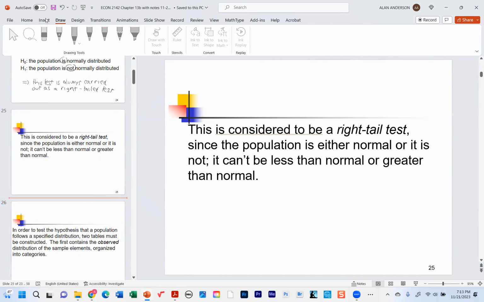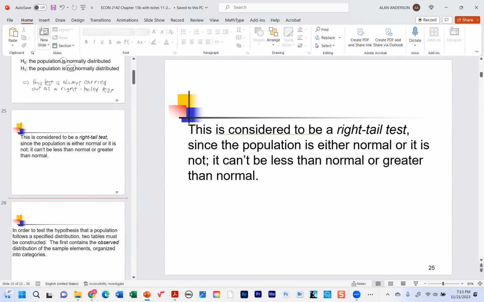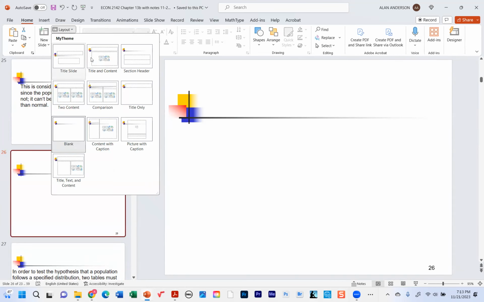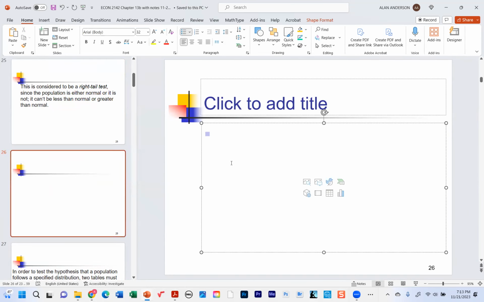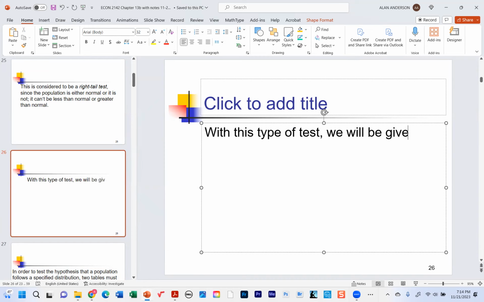All right, let me just briefly show you what the test statistic is all about. With this type of test, we will be given a set of observed values or frequencies.